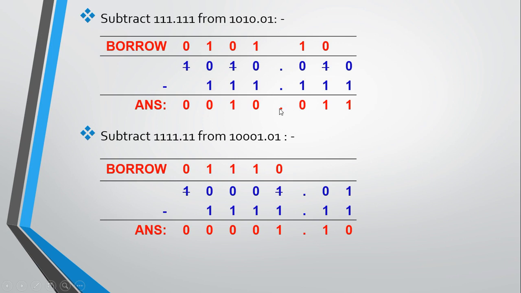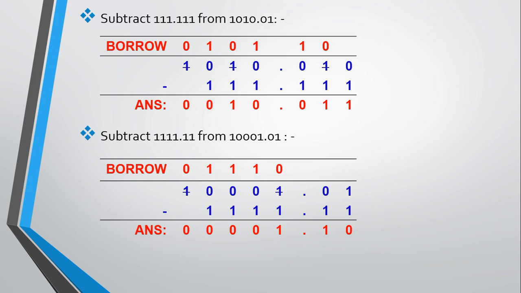Point you need to write. Again 1 minus 1 will return 0. 0 minus 1 will return 1, and you need to again subtract from the next higher order, and you need to put 1 over here. 1 minus 1 will return 0.